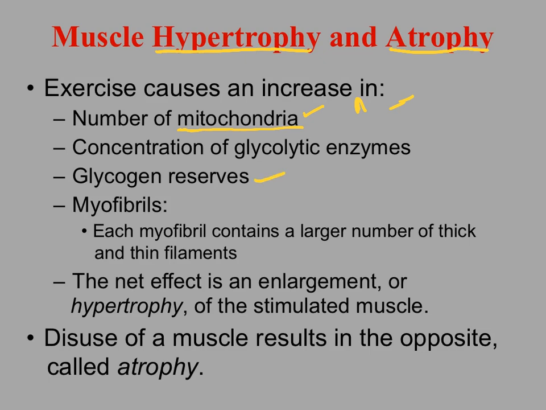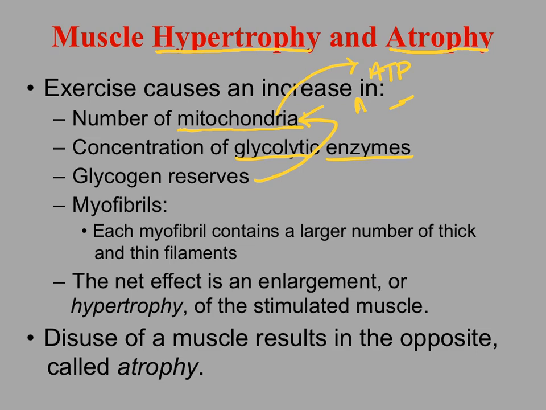So glycogen or glucose is going to go into the mitochondria, and what comes out of the mitochondria is ATP, energy for cells to use for contraction. In order for the mitochondria to utilize glucose, you need to have enzymes to initiate the process. So these cells start to also accumulate what we call glycolytic enzymes, enzymes that initiate this process.